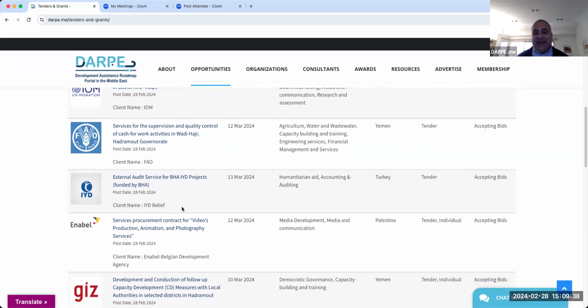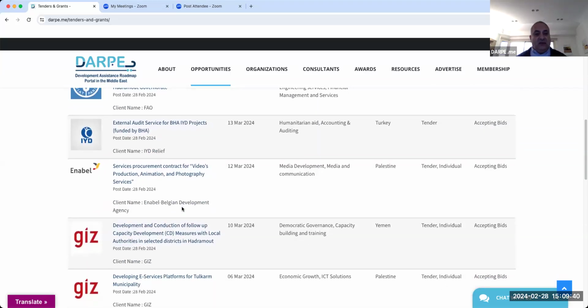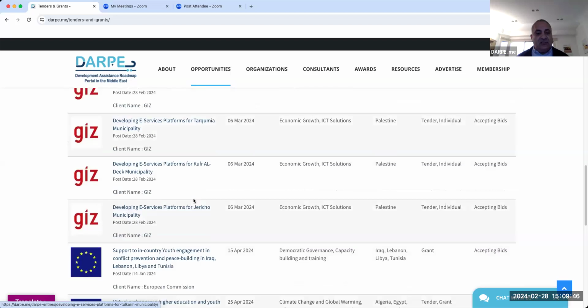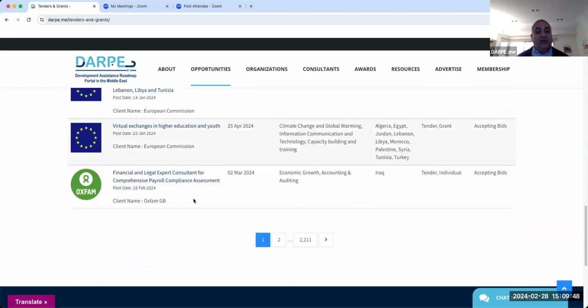Then we can see Enabel, the Belgian Development Cooperation. Then you can see GIZ, the European Union, and Oxfam, Oxfam Great Britain, and we also get notices from Oxfam Novib, and so on. So we get all of these.